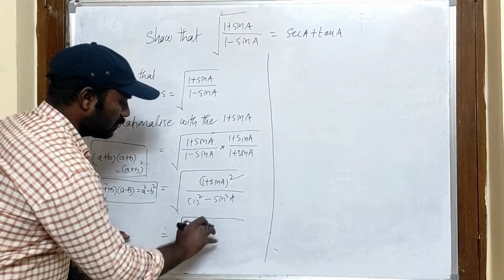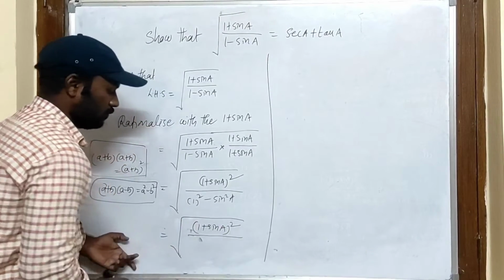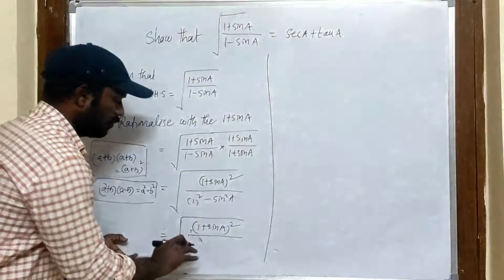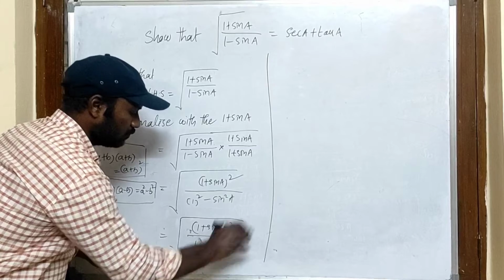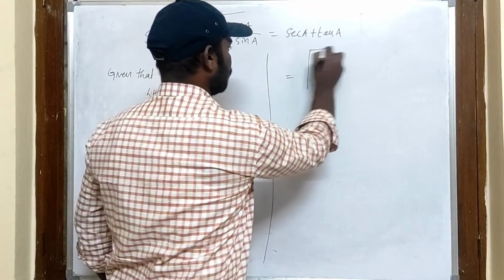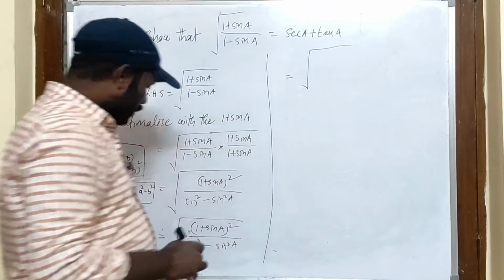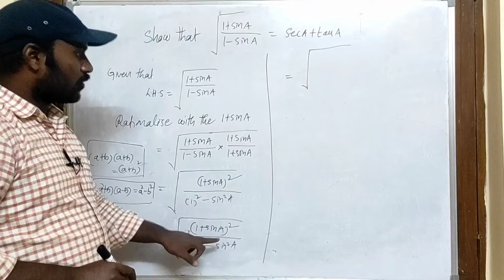Next, (1 plus sin A) whole square by 1 square, which is 1 only, minus sin square A. Now, under root of (1 plus sin A) whole square by (1 minus sin square A).